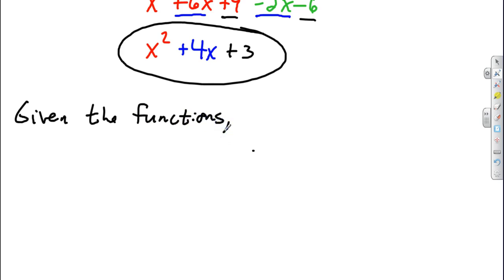They're going to give you two different functions. And they're going to ask you to describe how the graph of one is similar to the other one. But again, here's where they're kind of jumping the gun to me just a little bit on this thing.